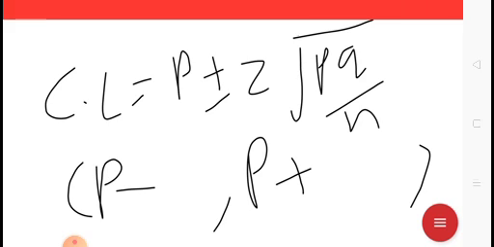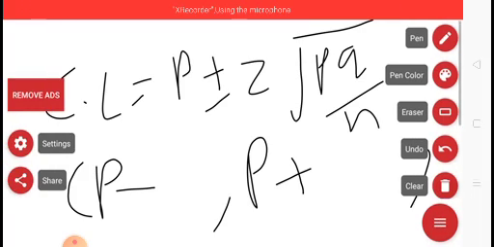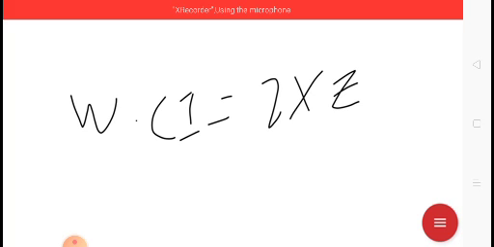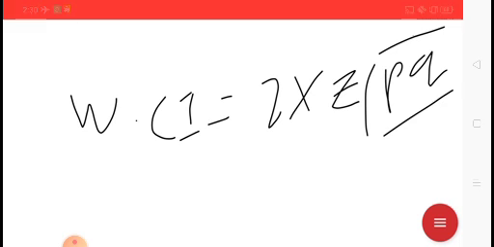And the same thing, the width of the confidence interval will be equal to 2 times z square root of pq over n.